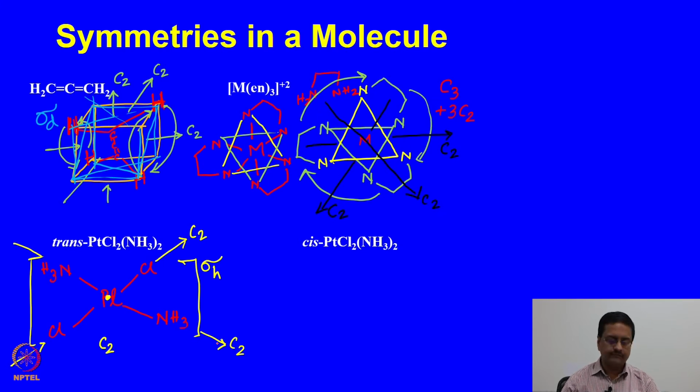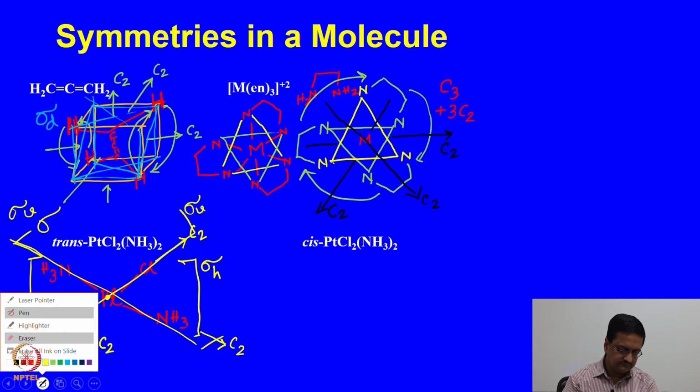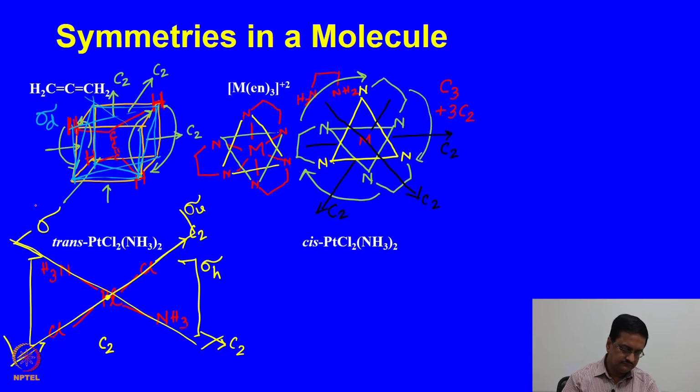What else? This is a mirror plane, that is also a mirror plane, and these contain the C2s. So, it is sigma V. Let us see the other molecule.